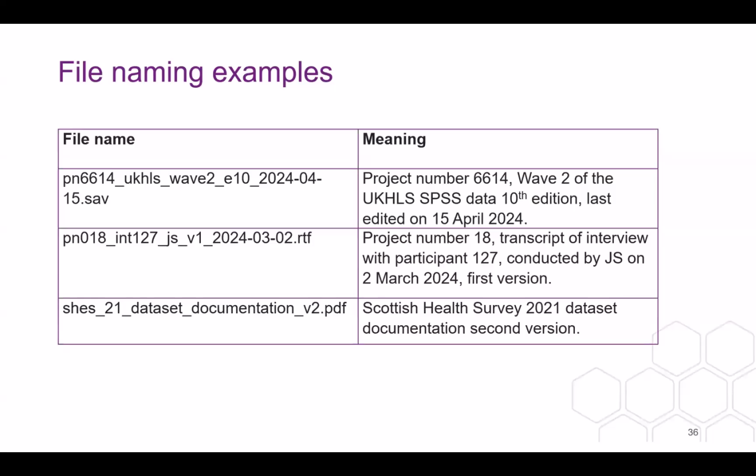Creating a file naming strategy does not need to be time consuming, but documenting it is essential, especially when multiple researchers are working on the same project. So without a shared strategy, it quickly becomes confusing, and it can become difficult to manage. So these are some of the examples.